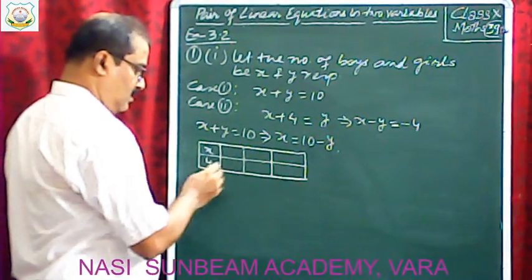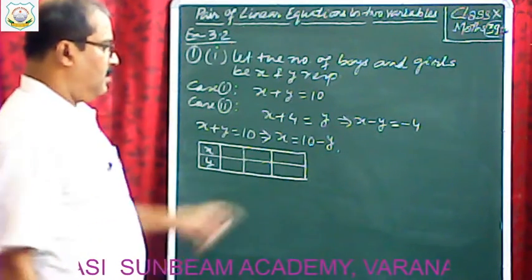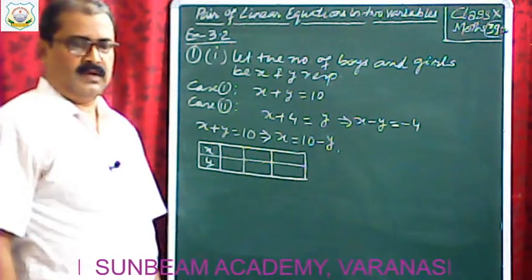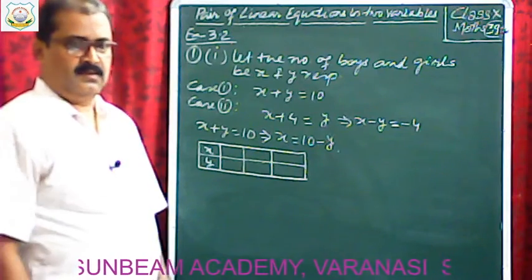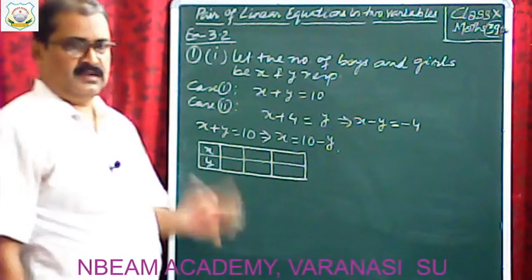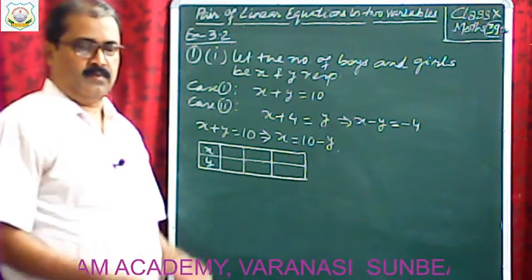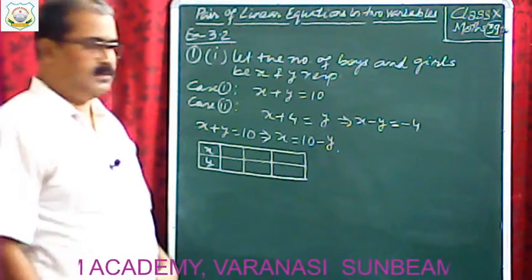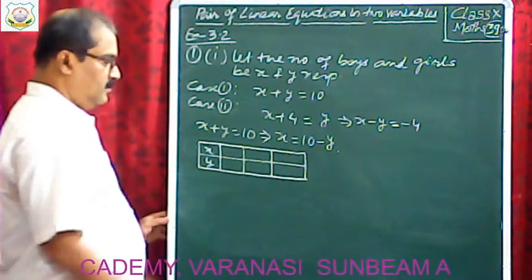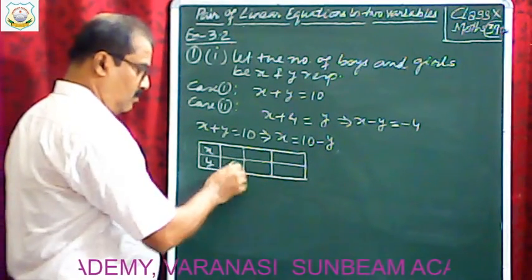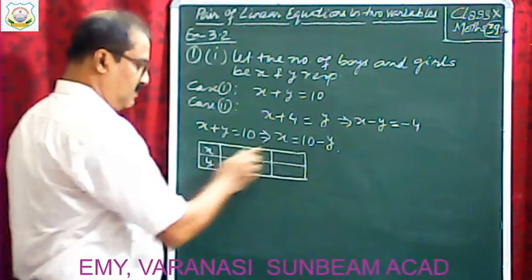X, Y. Now we put any value of Y, we get X. Better we avoid 0 or negative values of Y, because the number of girls or boys cannot be 0 or negative. That's why taking Y equal to 4, so 10 minus 4, we get 6, X equal to 6.